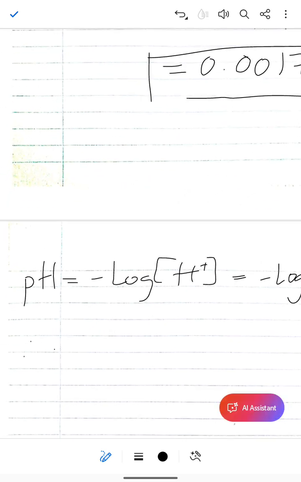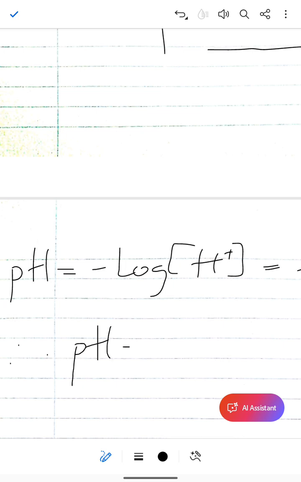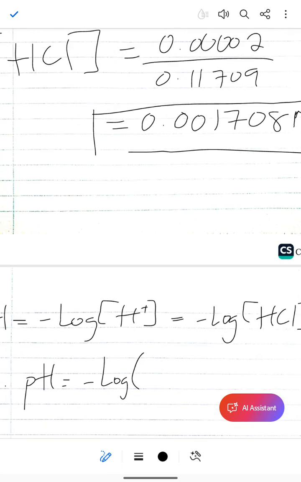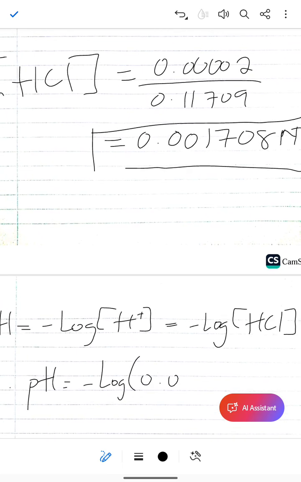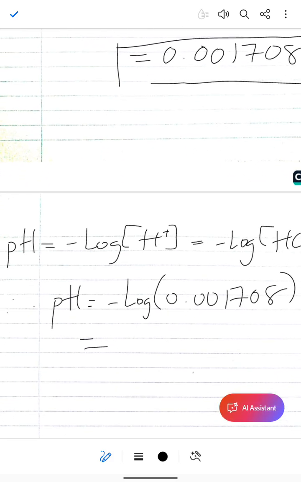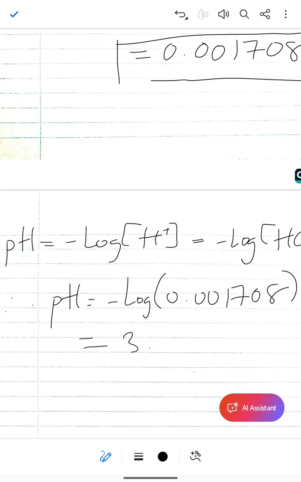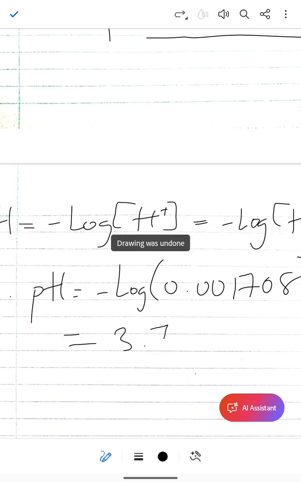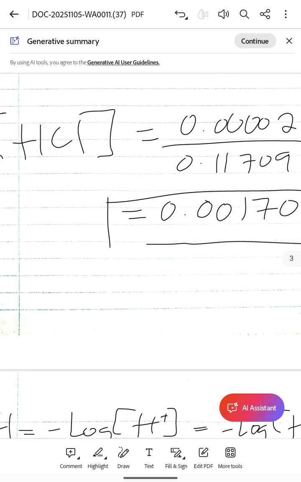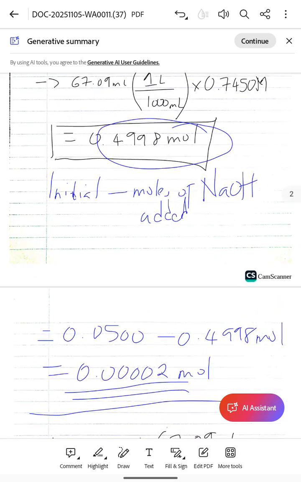Therefore my pH simply equals negative log of the concentration, 0.001708. Then if you press your calculator very well, that will give us 3.767. So basically that's it. So that's the answer.